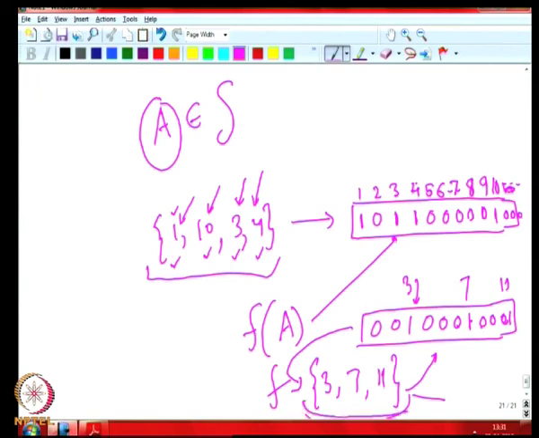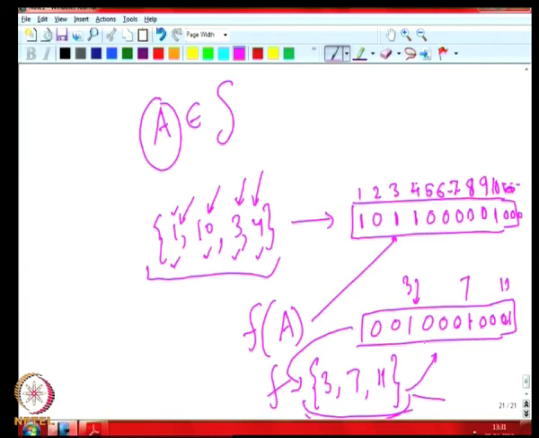Therefore that uniqueness should be checked. This is what we have to verify when we prove that something is a bijection: there is a preimage and there is only one preimage for it. Sorry, I think I made a mistake here.